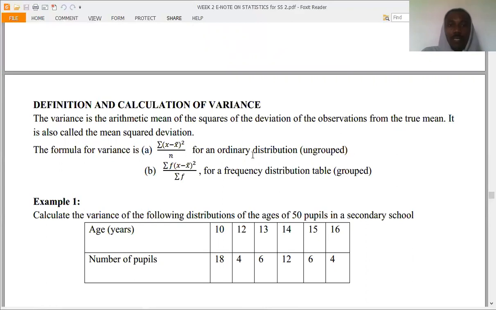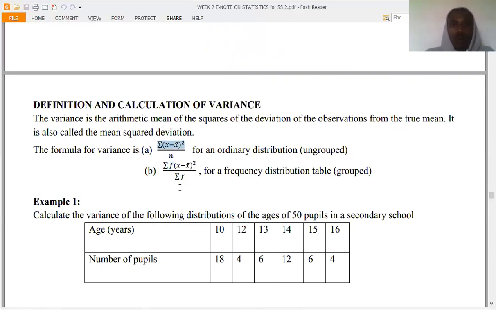While we have summation f of x minus x bar all squared over summation f for a frequency distribution. So for any distribution with frequency, this formula is valid for calculating the variance, while for ungrouped data the other formula is valid.